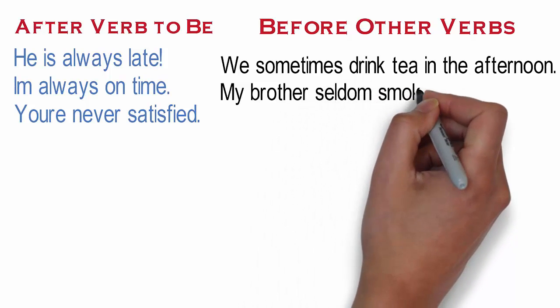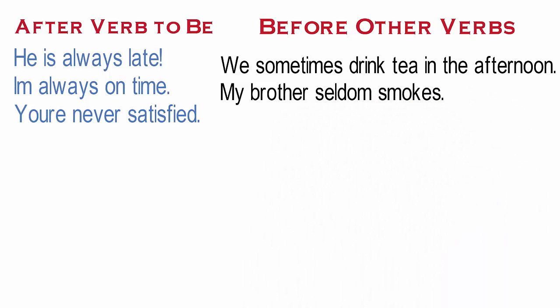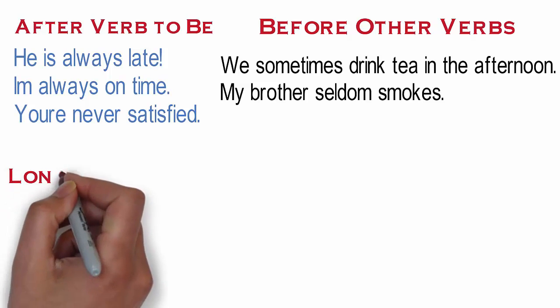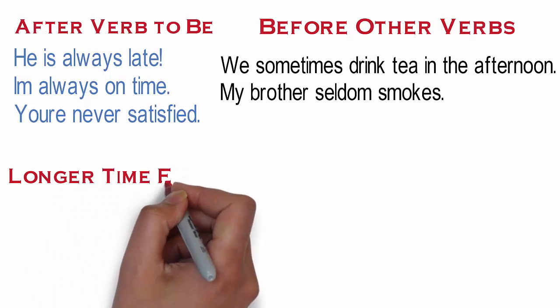So, as you can see, we put the adverb of frequency before the verb, not after it. So, we said we sometimes drink. We didn't say we drink sometimes. No. My brother seldom smokes. We didn't say smoke seldom. Okay, good.